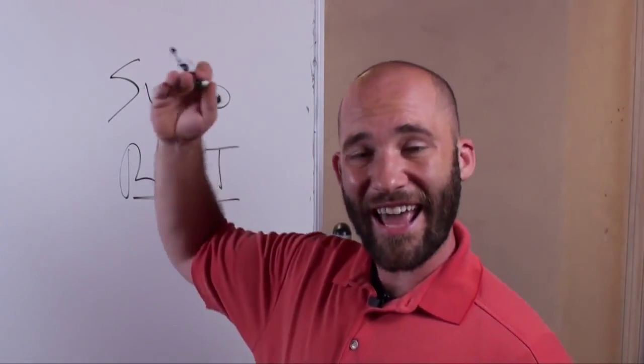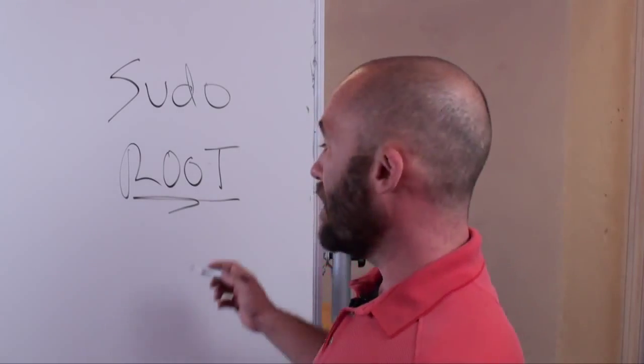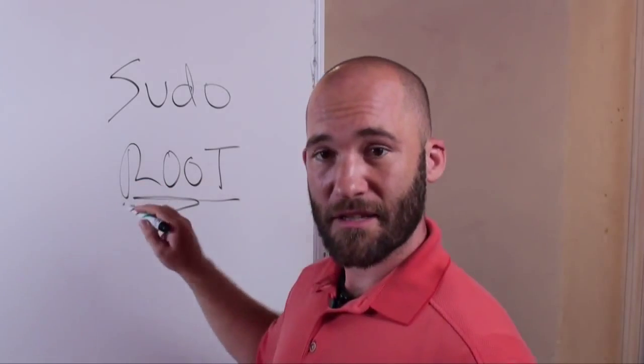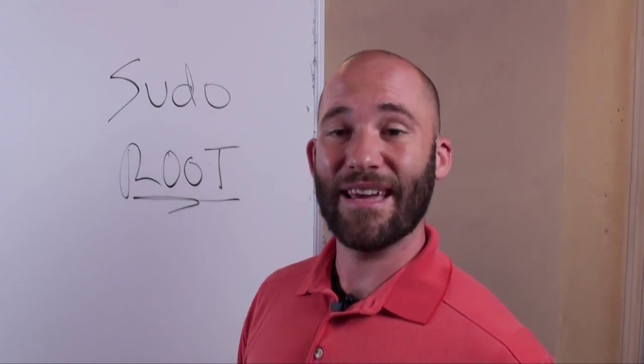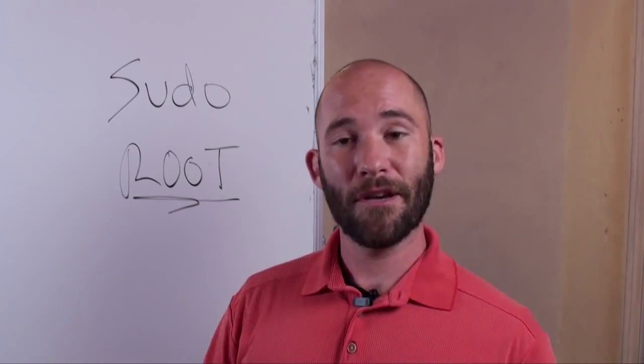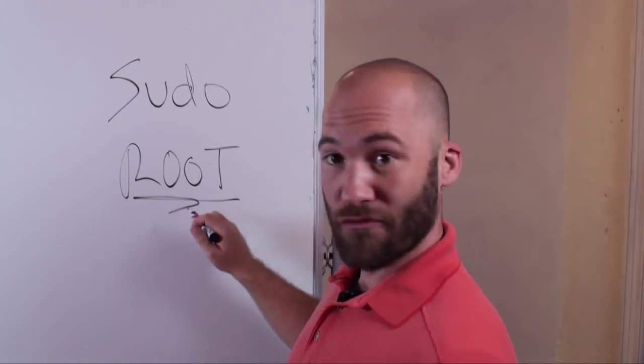Root is the highest level user on the computer, kind of like the administrator in a Windows computer. Just like on a Windows computer, if somebody logs in as the administrator, or logs in as root on a Linux computer, they can do absolutely anything they want to that computer. They can install viruses, they can put in malware, they can just cause a lot of havoc. Hackers using special programs and scripts can also try to log in as root and cause all these problems.